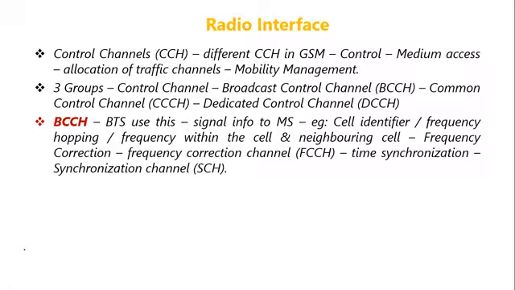TCH is the traffic channel, which we already discussed, and SDCCH is the standalone dedicated control channel that we'll be discussing in the next slide. So that's it about the common control channel.